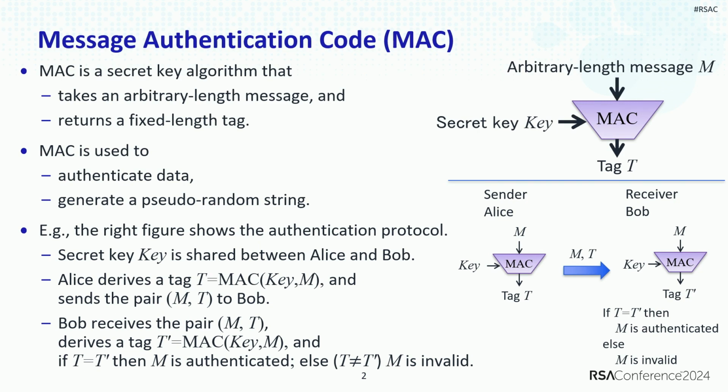After receiving the pair, Bob derives the tag T prime by using the MAC algorithm with the shared key and the received message. If T equals T prime, then the message is authenticated. Otherwise, it is invalid.